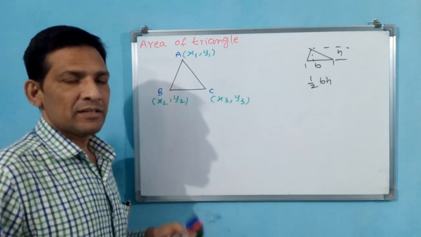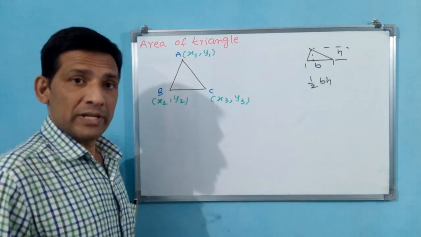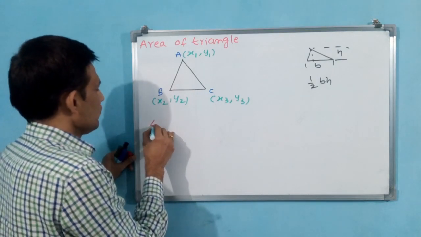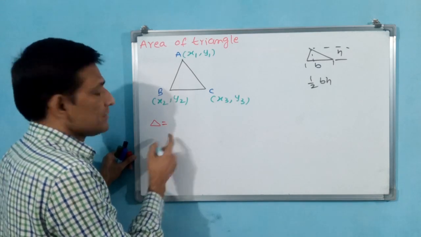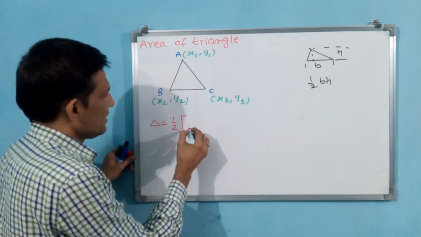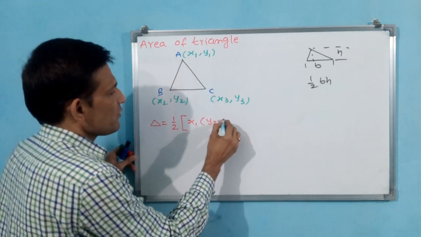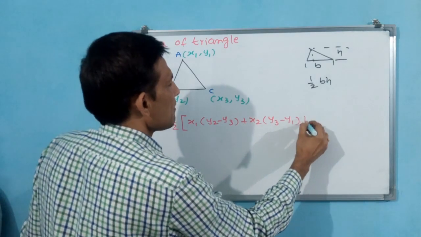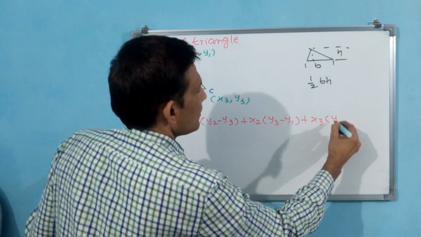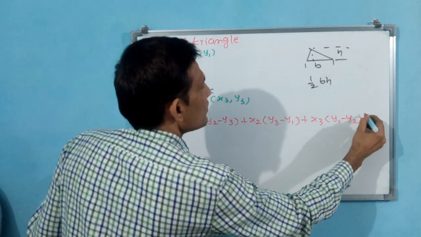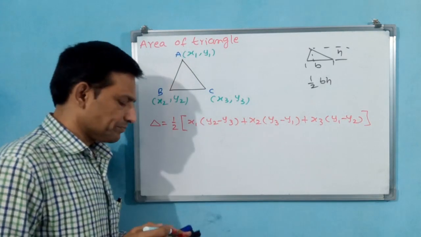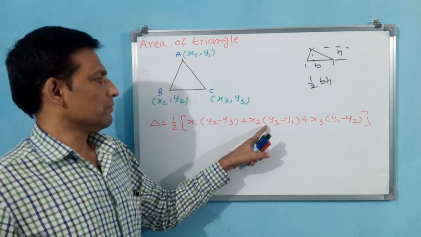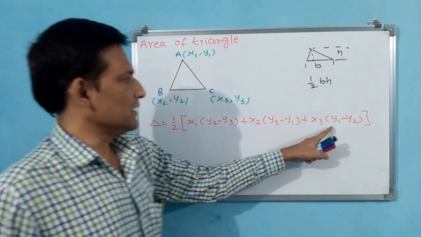That formula is also there. We can represent the triangle area as delta, half into x1(y2 minus y3) plus x2(y3 minus y1) plus x3(y1 minus y2). This is the formula.